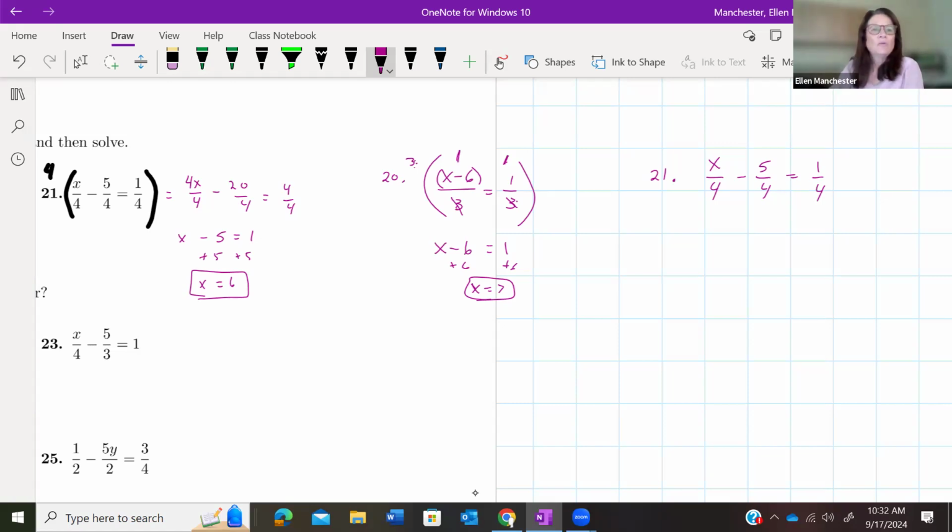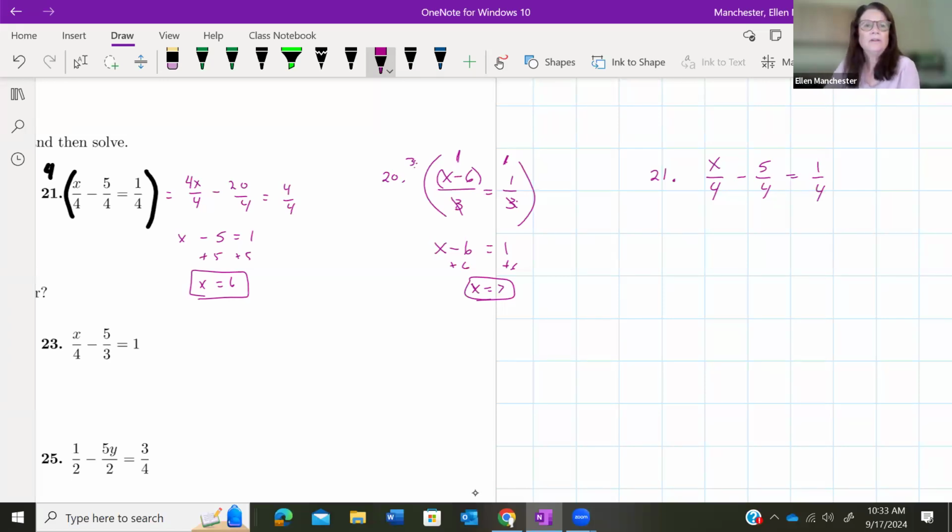Okay, so which technique do you like better, Jonathan? Okay, so you're multiplying and then reducing. Does anyone like the reducing and then multiplying? Not necessarily. And it's 100% up to you which technique you like better.